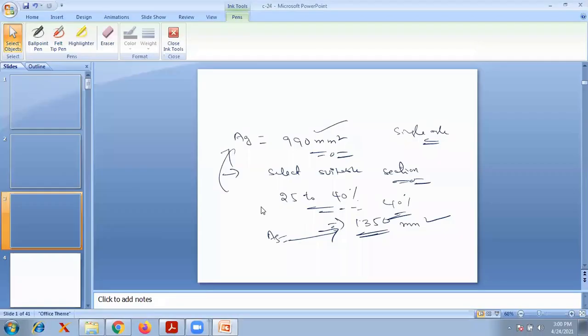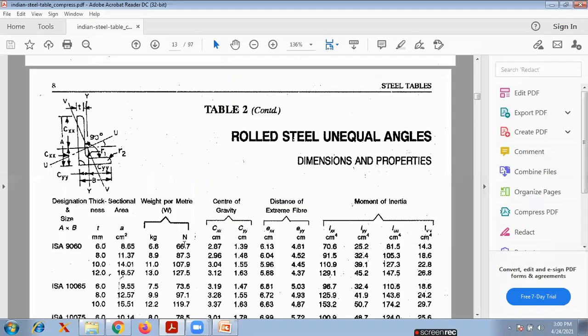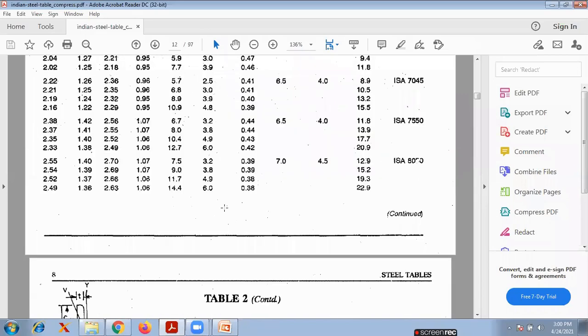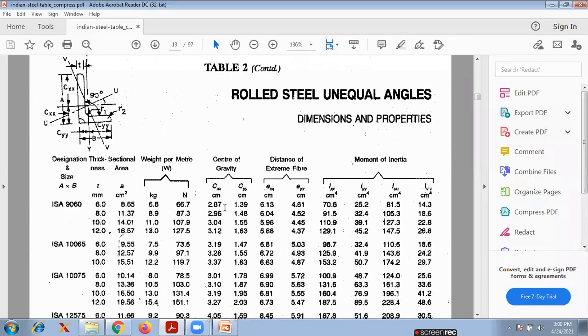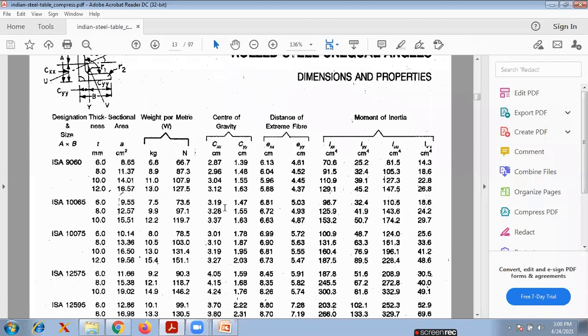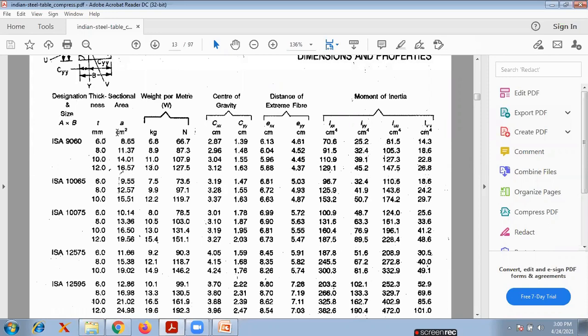I will open the IS tables. These are the tables. Our area is around 1350, or 1300, whatever it may be, in between 25 to 40 percent more. Now we have to check the sectional area.